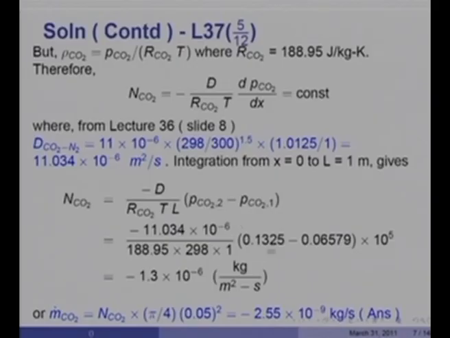PCO2 2 is 0.1325, PCO2 1 is that, into 10 raised to 5 newtons per meter square, and as a result you will get nCO2 equal to minus all these quantities.